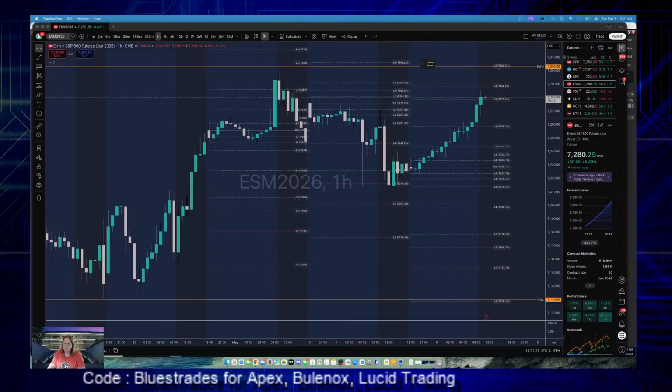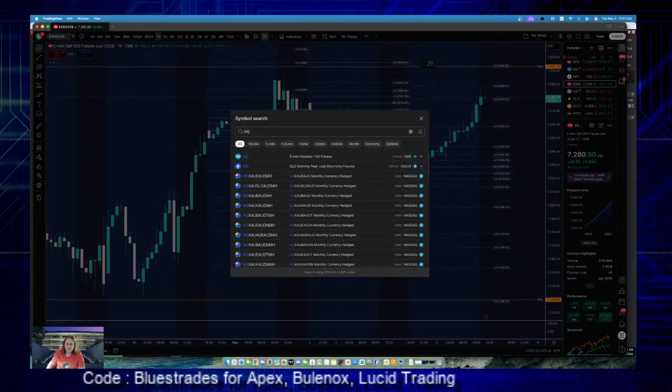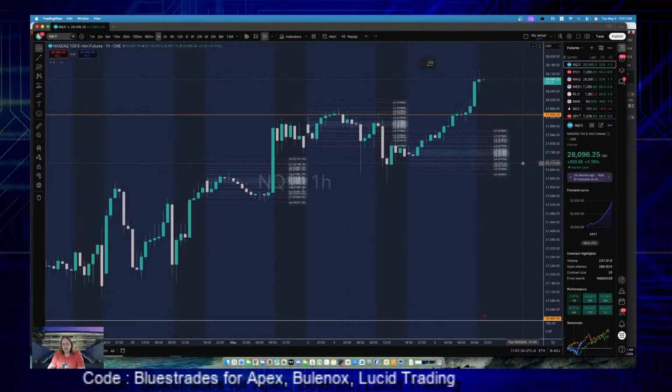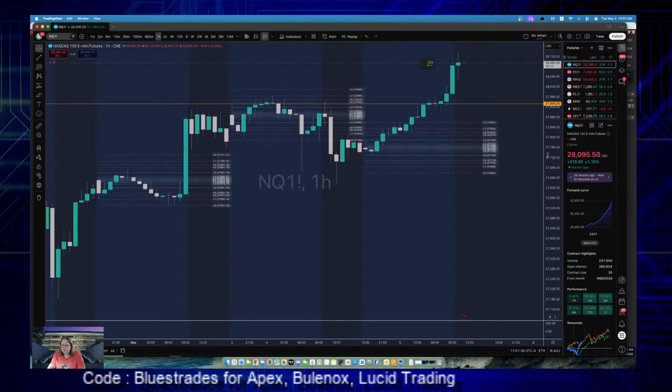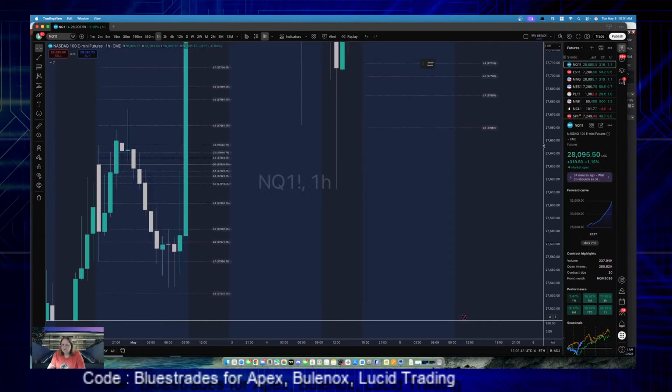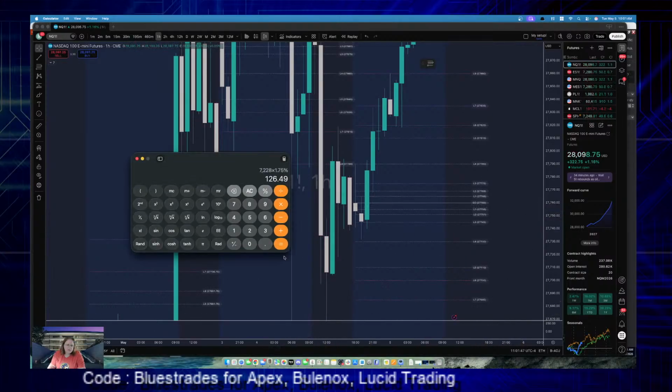And then for NQ, you would do the same thing. So you take the open price of NQ. I'm thinking it's going to roughly be about 400 points, but 27,760 times 1.75%.